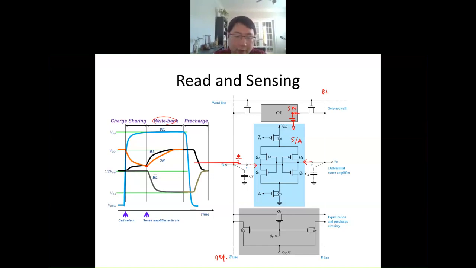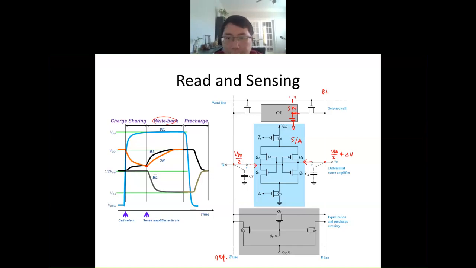So it's a reference, a constant voltage, half VDD. But the bit line here, as we discussed, if you store 1, you will develop this half VDD plus delta V.